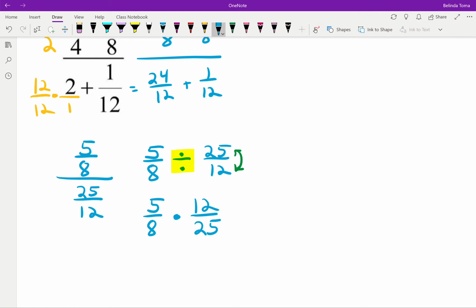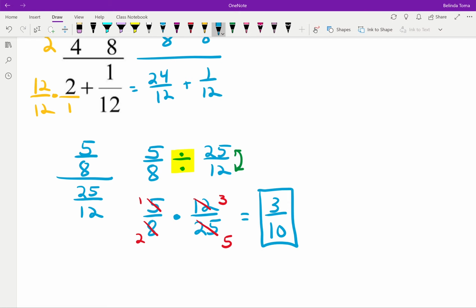Now we are able to do our cross canceling. 5 and 25 both divide by 5, and 8 and 12 both have a common factor of 4, so 8 divided by 4 is 2, and 12 divided by 4 is 3. And so now when we multiply across the numerator and across the denominator, we have our simplified answer, except I made a math error. 2 times 5 is 10, not 5.